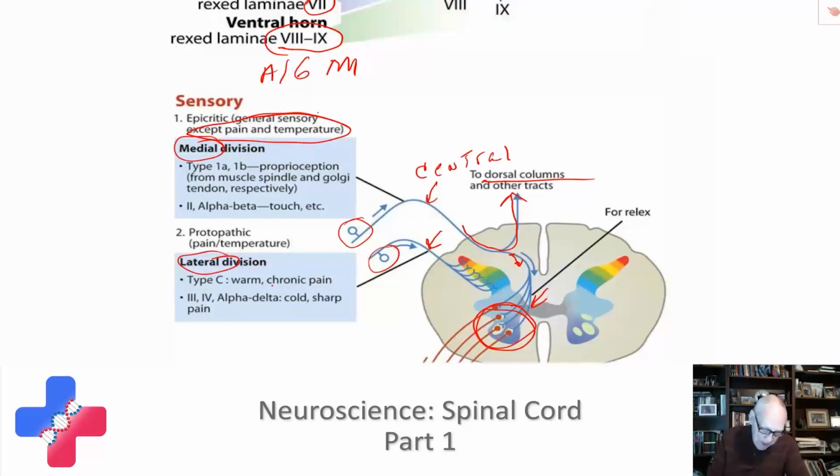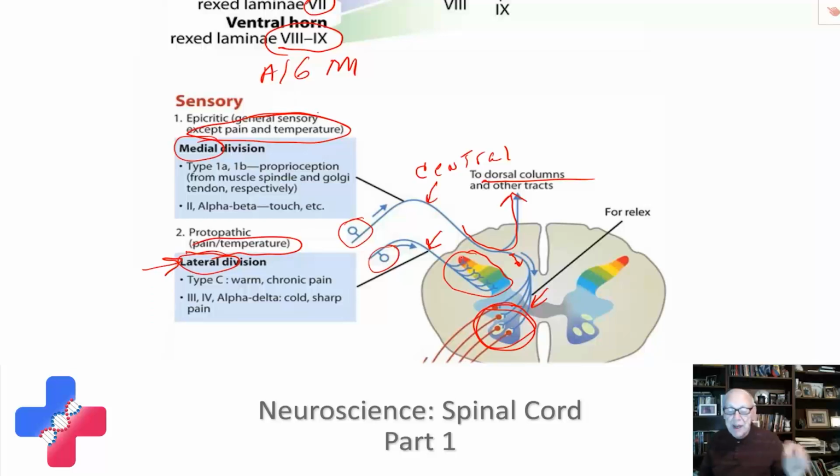Now notice the pain and temperature fibers are the ones that make up this lateral division, and they're the ones that, fairly close to the point of entrance, will process and enter various layers, lamina of the dorsal horn. And notice this is pain and temperature.